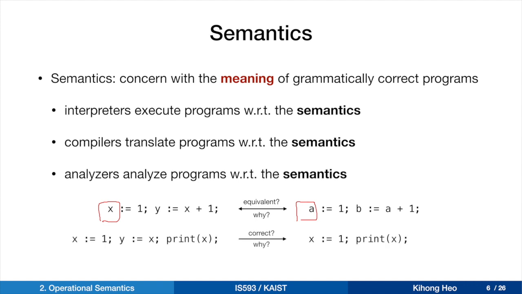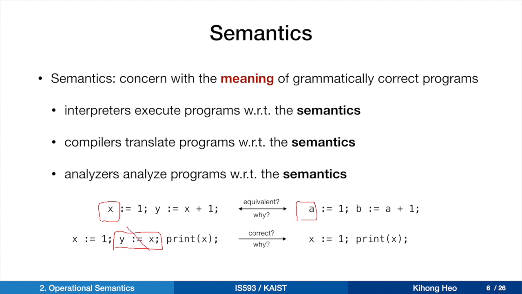Another example is here. The question is, is this program transformation, which is actually a program optimization, correct? If so, what is the reason? Again, we can answer this question because we know that this statement does not contribute to generating the output of this program.